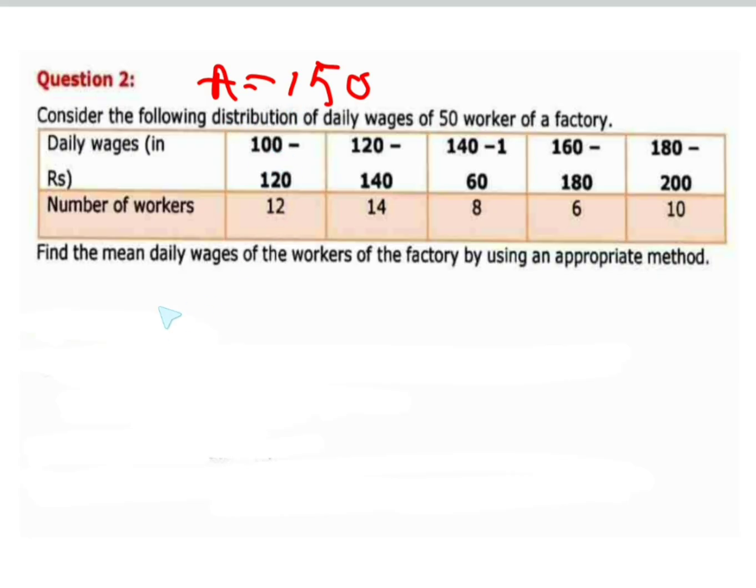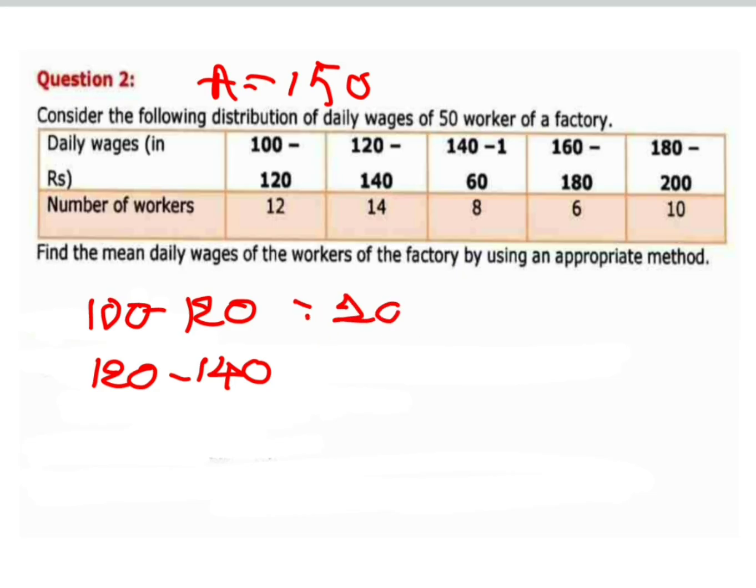Now the class height. The classes are 100 to 120, 120 to 140, 140 to 160, 160 to 180, and 180 to 200. In each class the difference is 20.